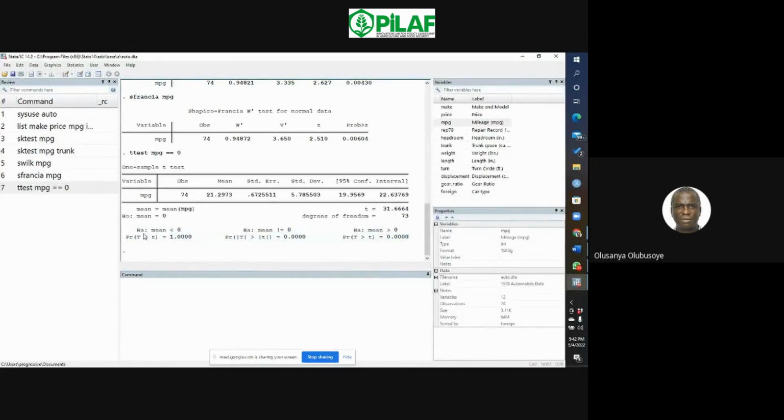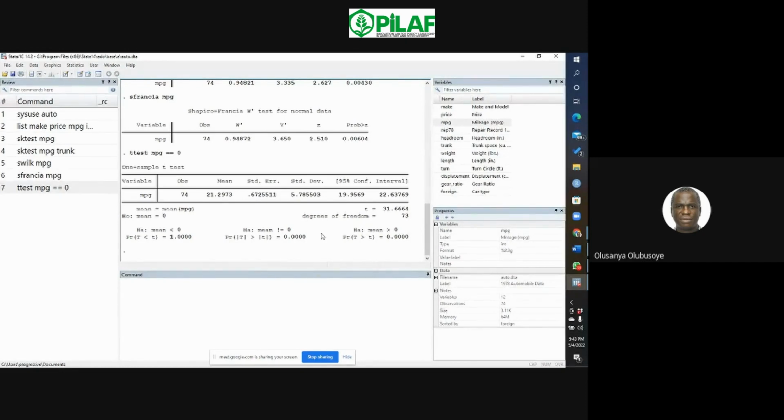If you say the mean is equal to 0, there are 3 possibilities. One is that the mean is less than 0, or the mean is greater than 0, or simply the mean is not equal to 0.